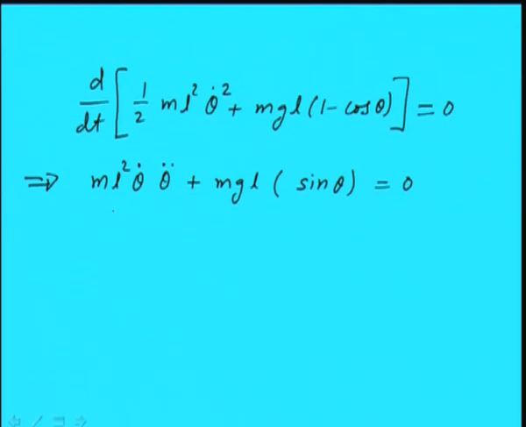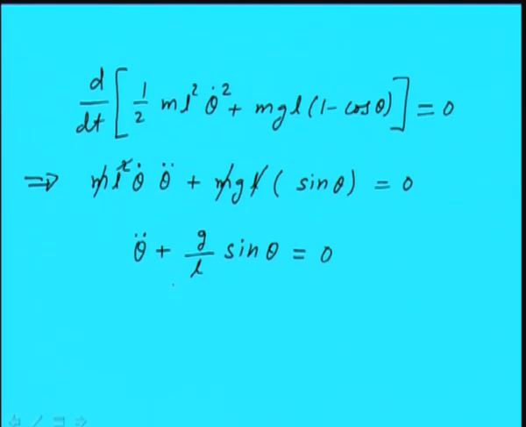So if we take out the common term from here, we can write this as theta double dot plus g by L sin theta is equal to 0, because this mass term will cancel, length will go. So we will be having this.